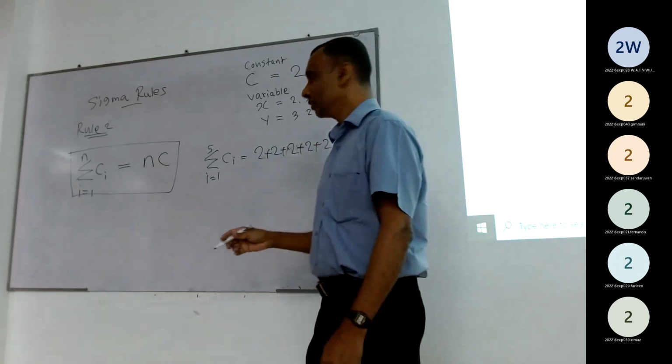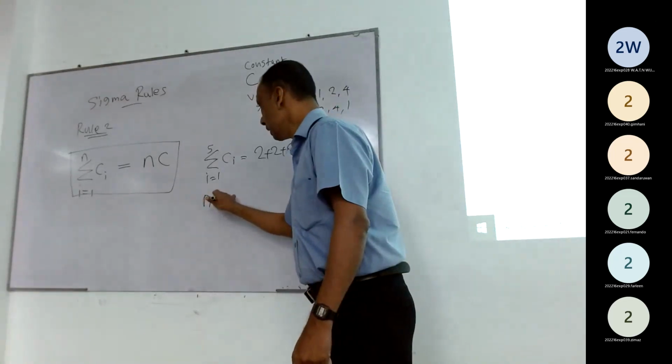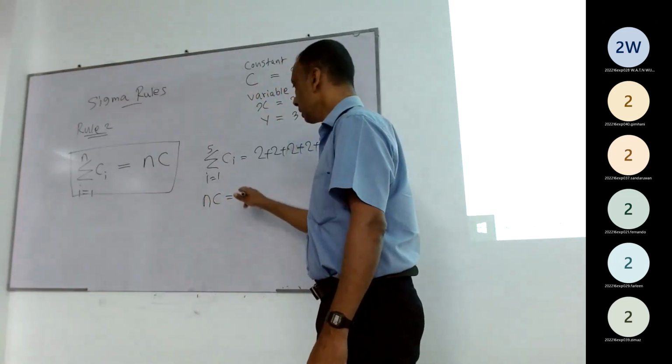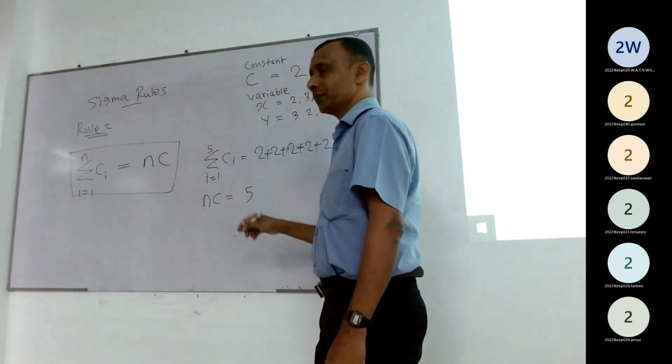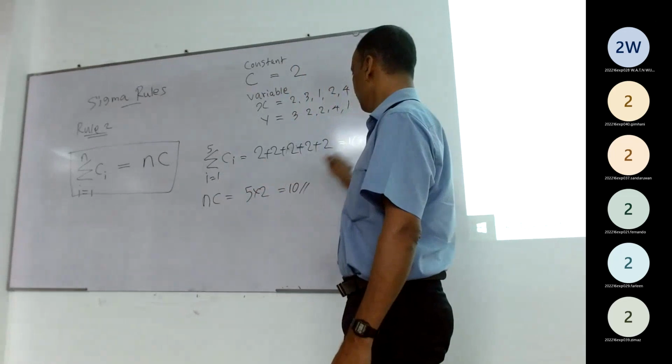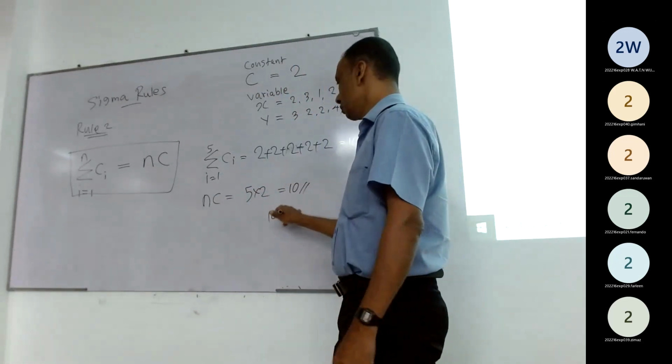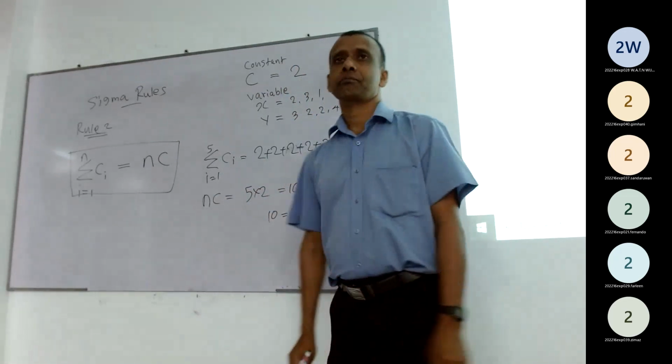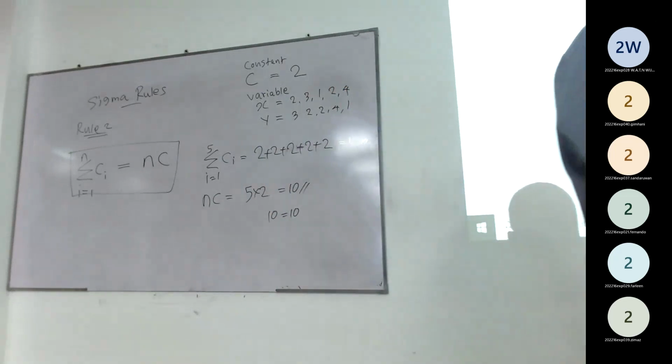Instead of that, I can use nC. n is 5, C is 2, 10 equals 10. So it is satisfied.